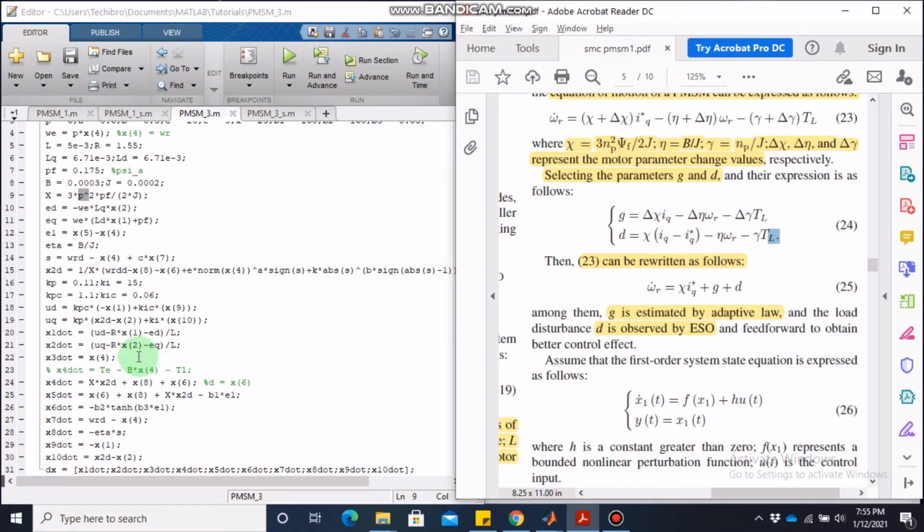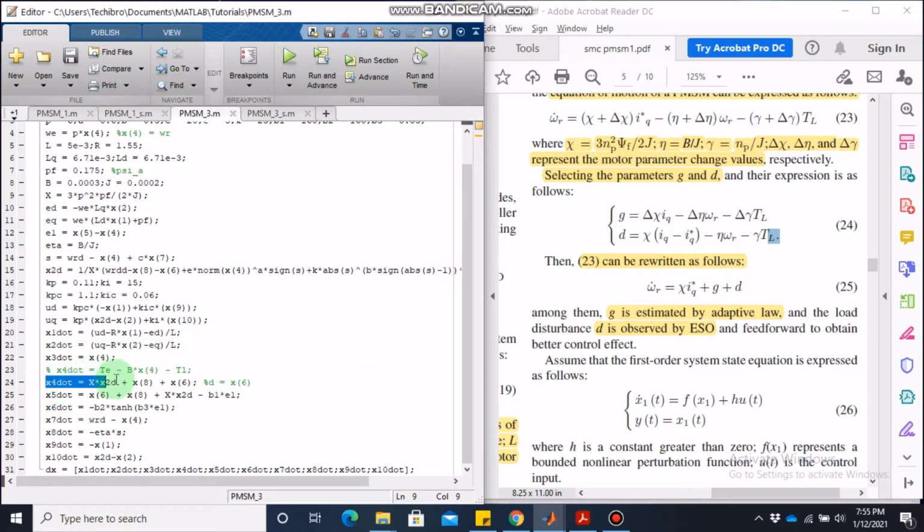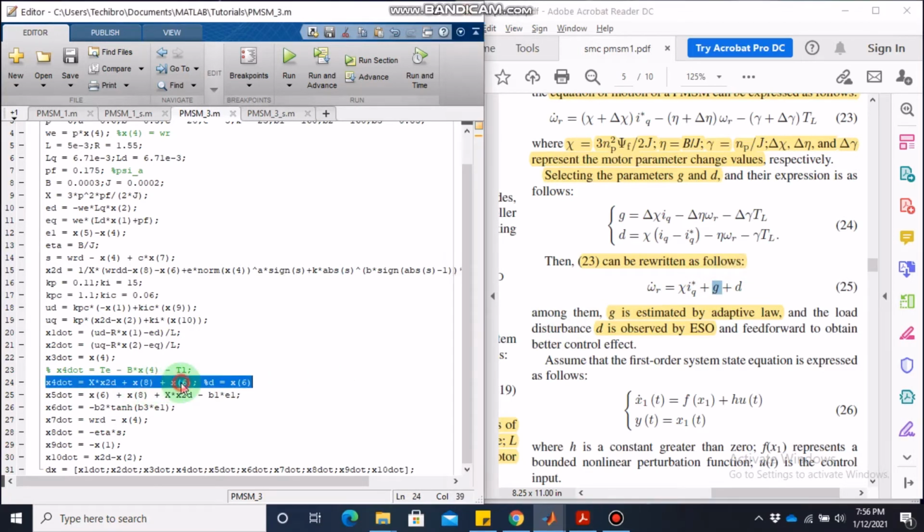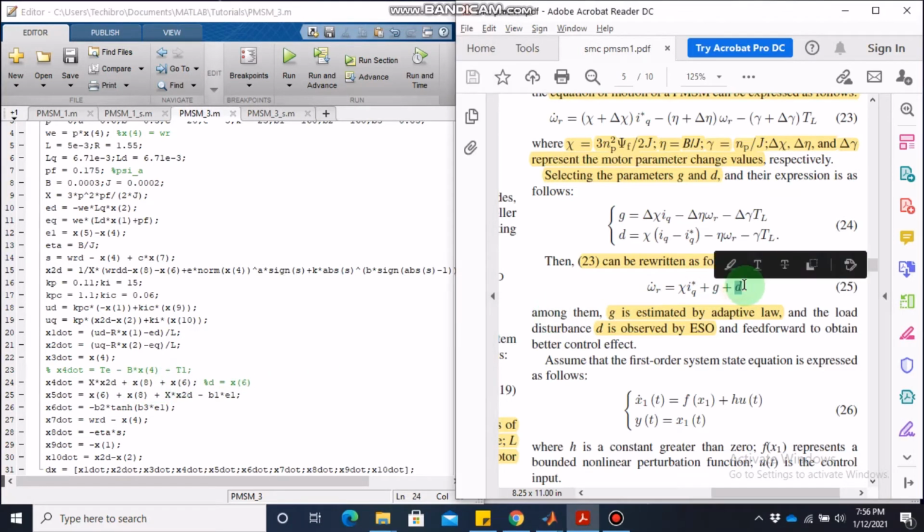So here we have x4 dot is equal to x times x2d. x2d in my code is this iq star, plus x8 is basically this g, and x6 is basically this d. So d is x6 in the code and g is x8.